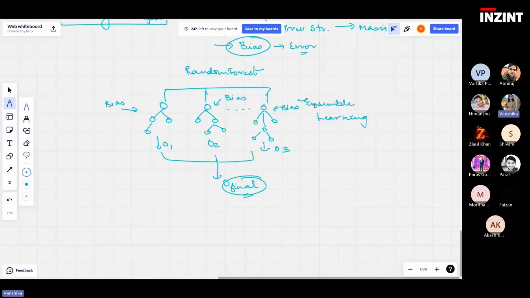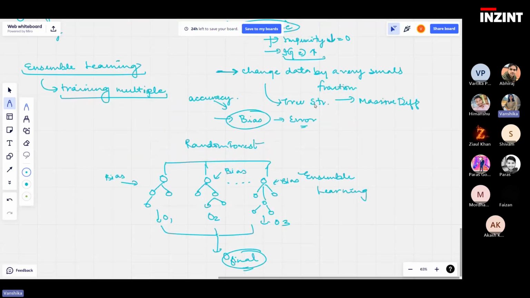Doing this, I am minimizing the error and maximizing the accuracy, because now I have combined multiple models which were not performing well individually, but altogether they provide me the correct output.